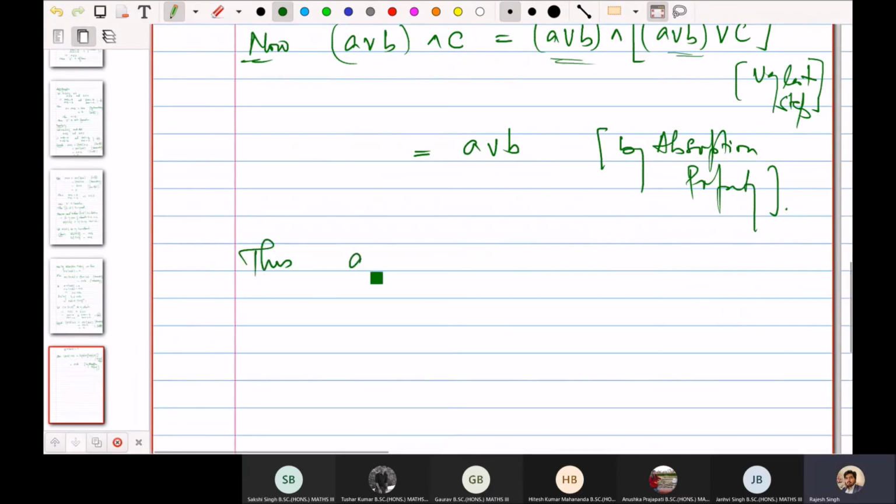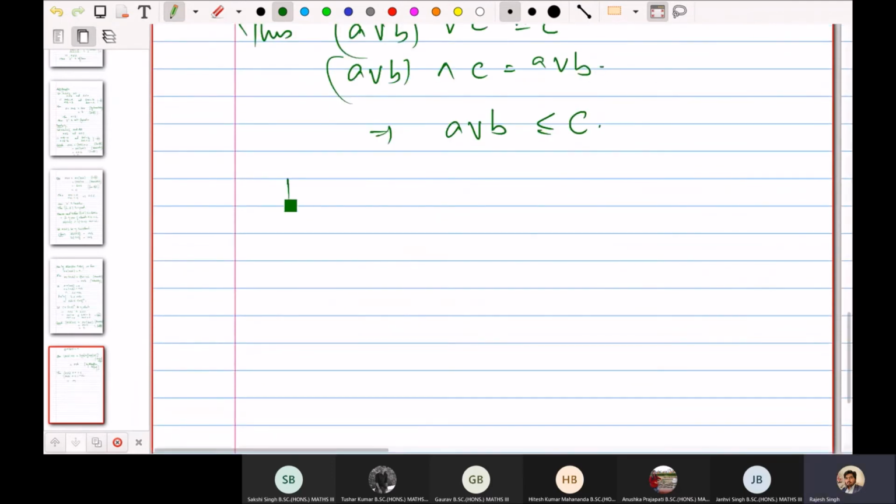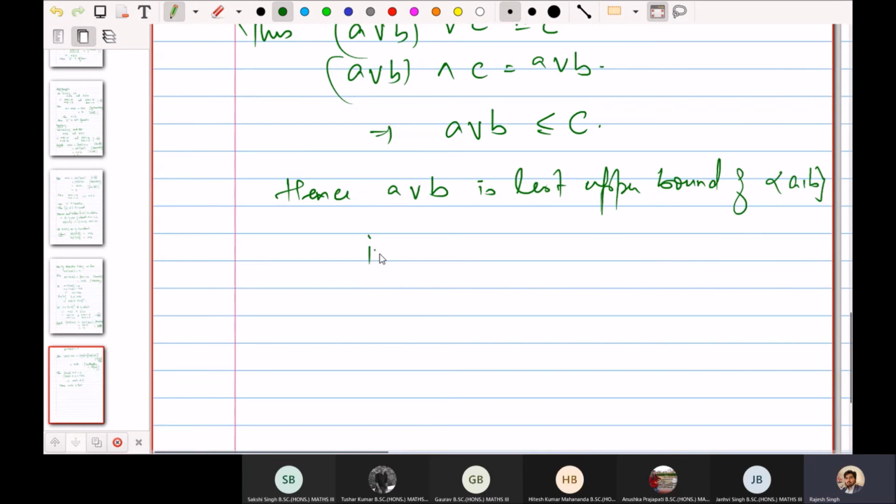So thus we have shown that A cup B cup C is equal to C and A cup B cap C is equal to A cup B. So this implies A cup B is related to C. Hence A cup B is least upper bound of AB. That is, A cup B is equal to supremum of AB.